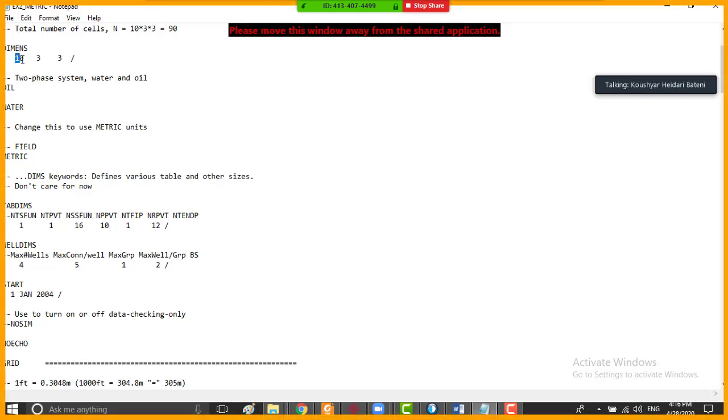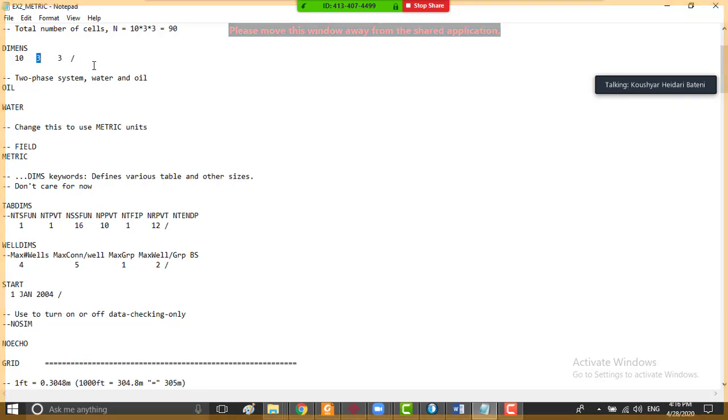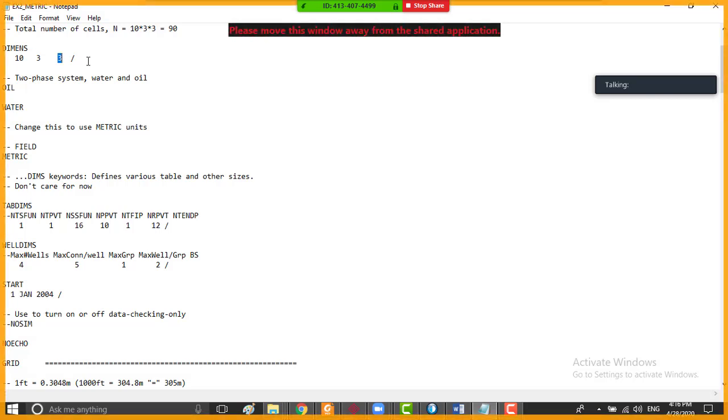The first piece that you write here is going to be associated with the number of blocks in the X direction. The second piece of data is going to be associated with the number of blocks in the Y direction. And the third piece of data is going to be associated to the number of blocks in the Z direction. Right?